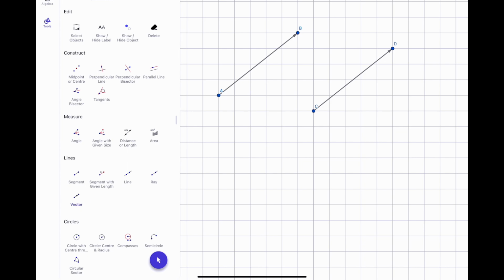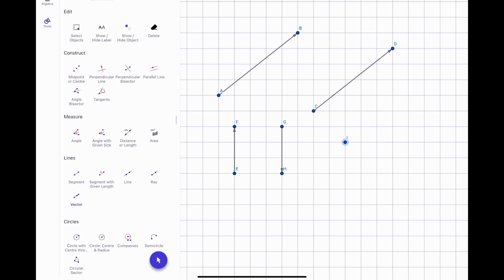But for example, this vector and that vector, do you think these two vectors are equal? No. Even though they are parallel and have the same length, 3 units, one of them is pointing upwards, the other downwards. So these two vectors are not equal. That is clear.